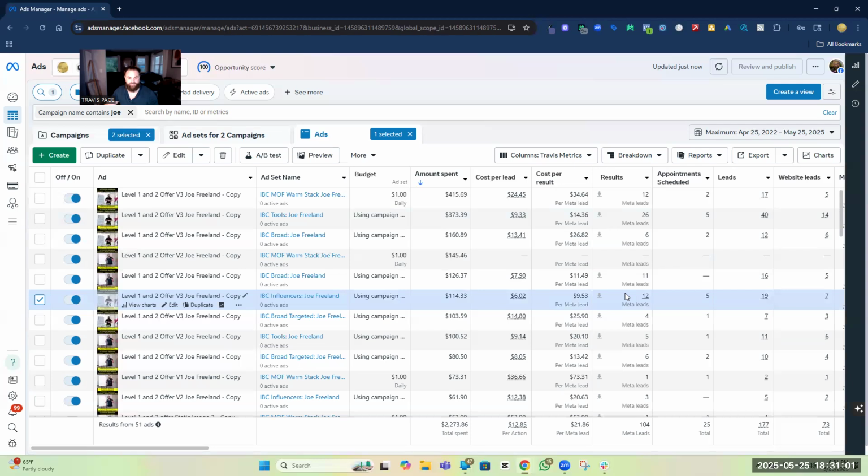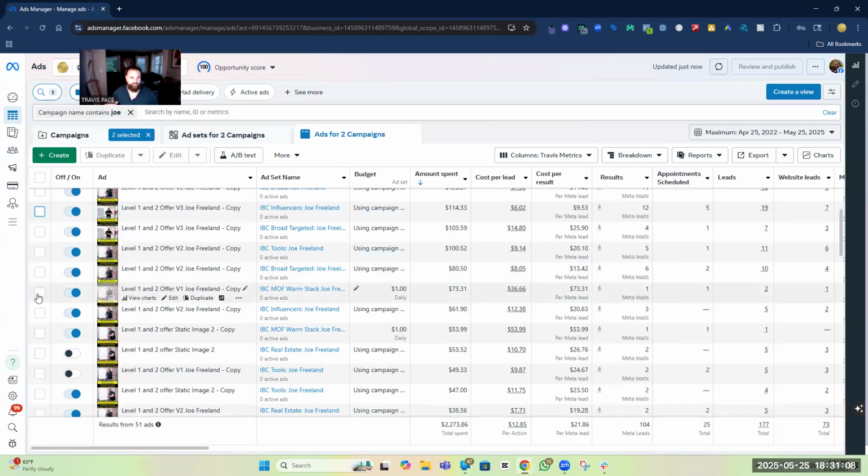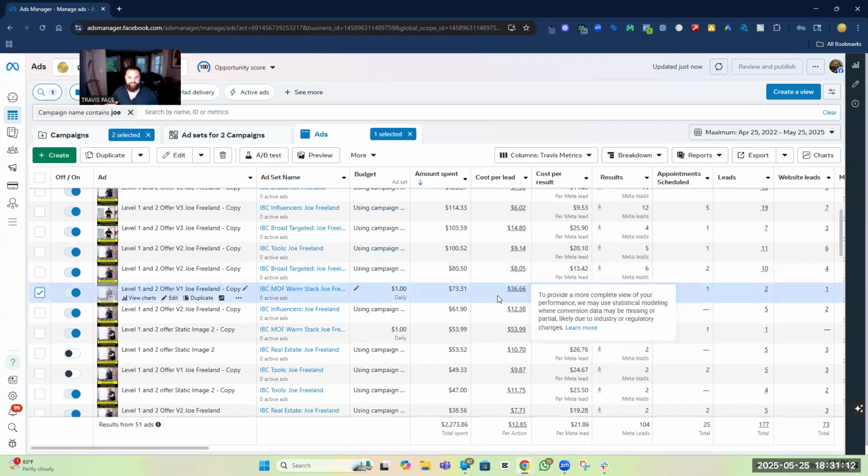But now let's look at the danger of it. Okay. So the danger was this one ad right here. It started going at $73 a day. And you would say, holy shit, Travis, that's a terrible price for one lead.